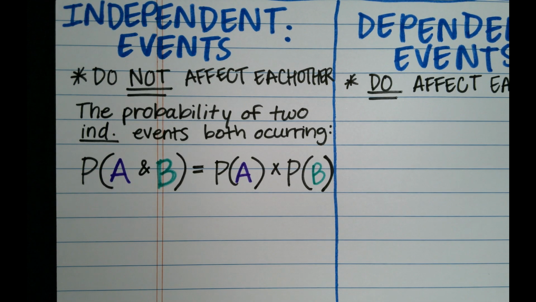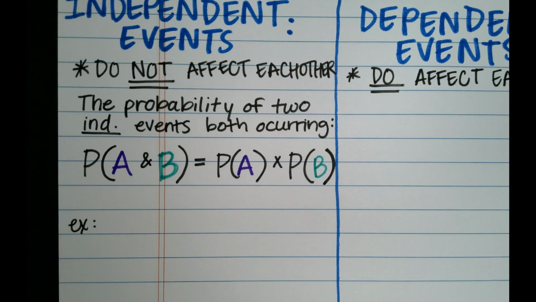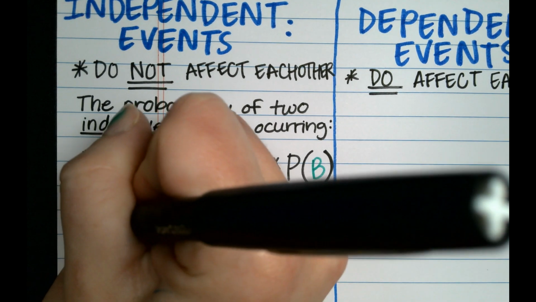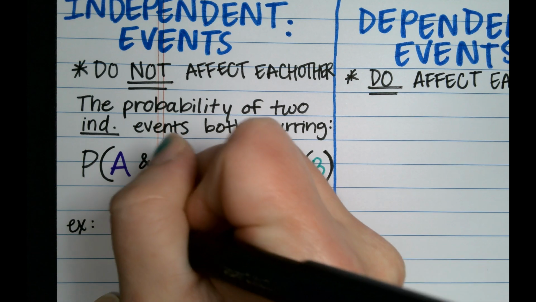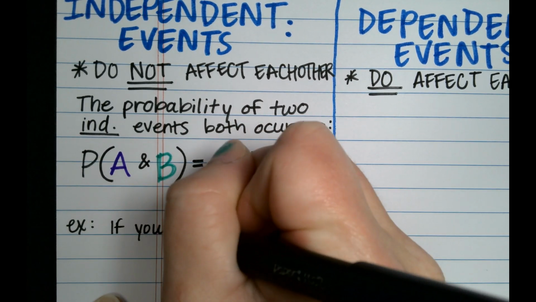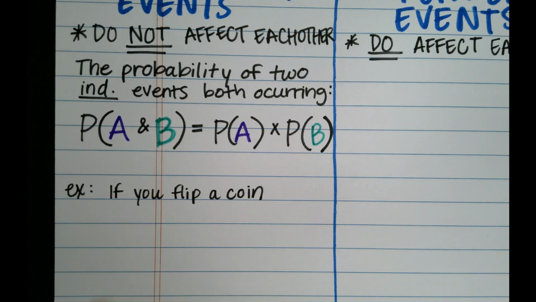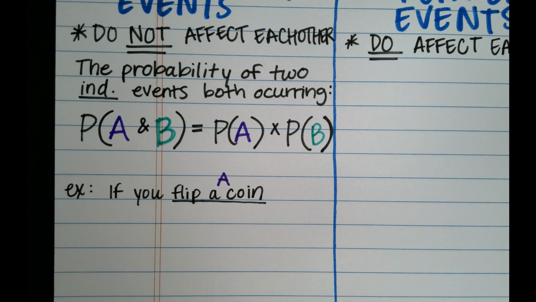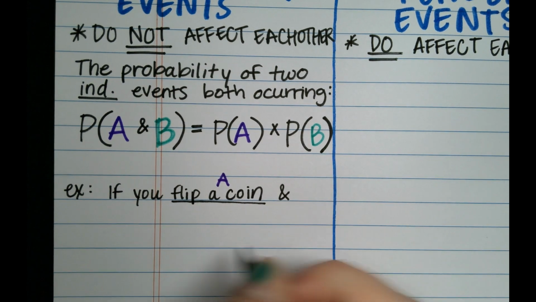So here is an example. 2 independent events. I'm going to say, if I flip a coin, this would be event A. And I roll a die.